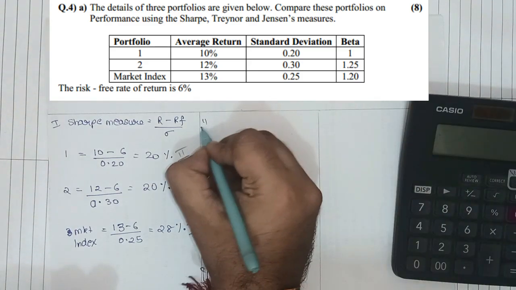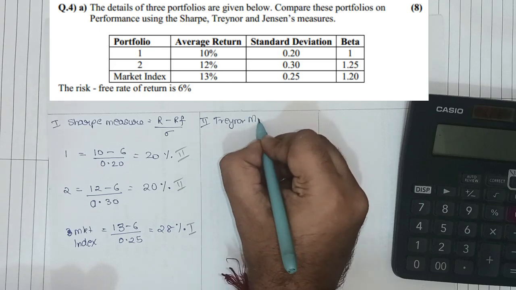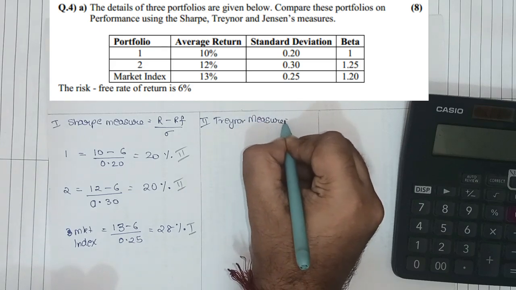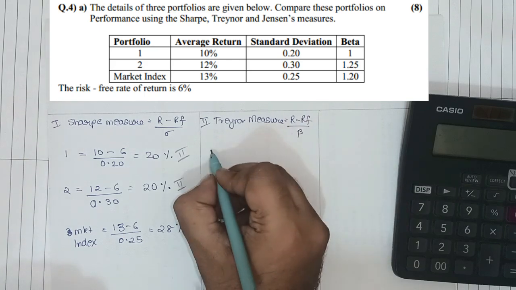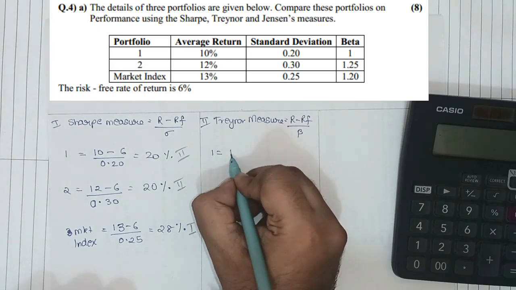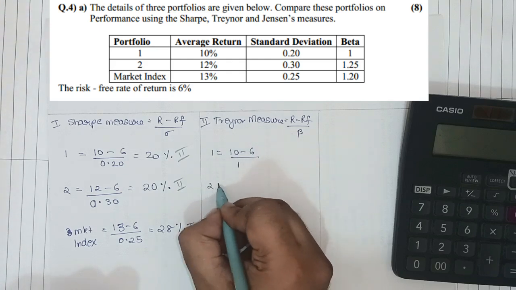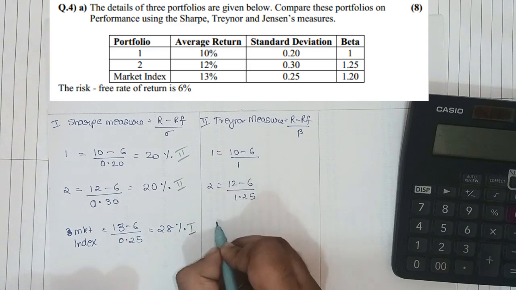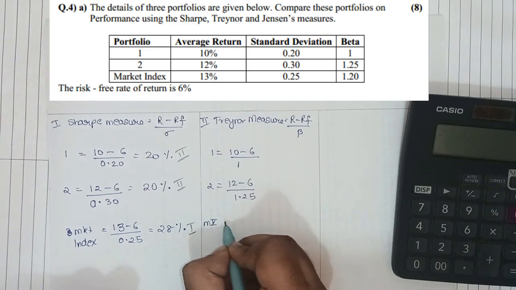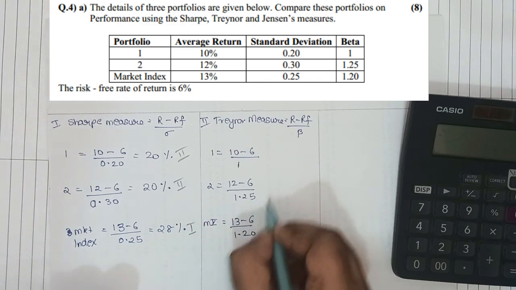Next is Treynor measure. Return minus risk-free return divided by beta. First one, the numerator remains the same, divided by beta. So 1, 12 minus 6 divided by 1.25, and for market index 13 minus 6 divided by 1.20.